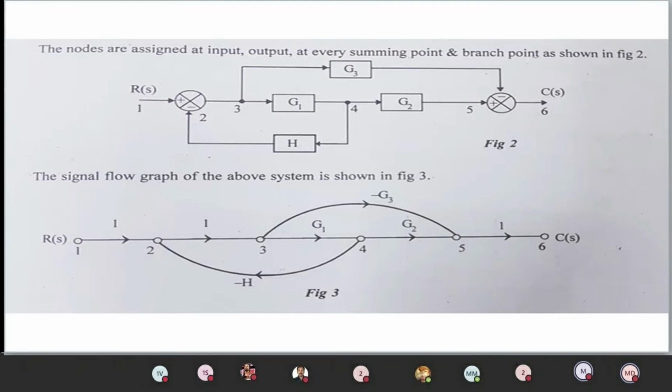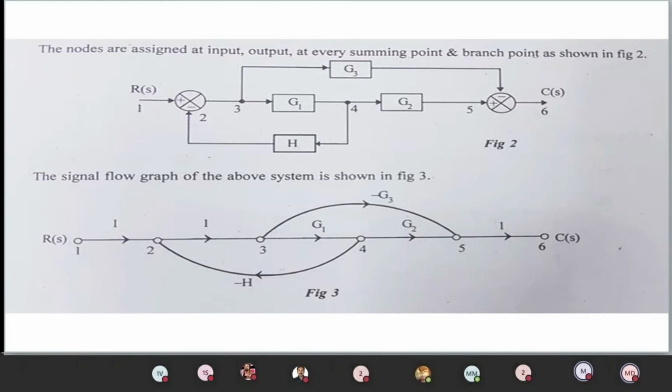Between 1 and 2, you don't have any gain, so substitute 1. That's very, very important. Between 2 and 3 also no gain, 1. Between 3 and 4, you have gain G1. Between 4 and 5, you have gain G2. Between 5 and 6, you have unity. And from 3 to 5, you have a forward path. Kindly understand, if the arrow is pointing towards the forward direction, it is feedforward.